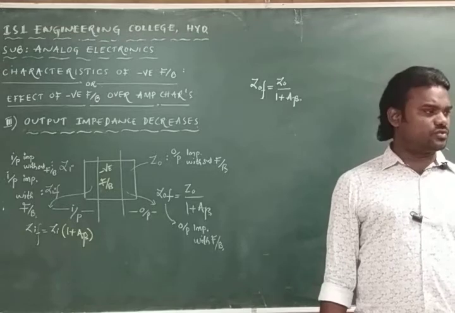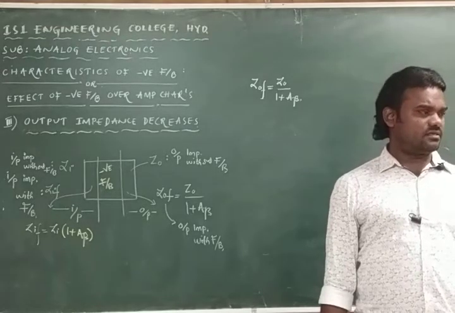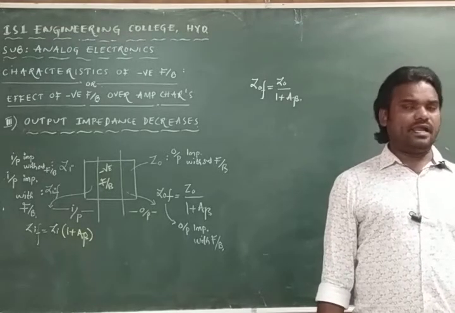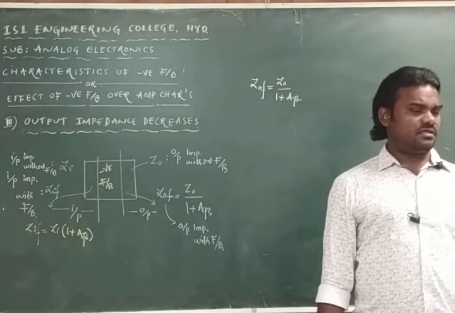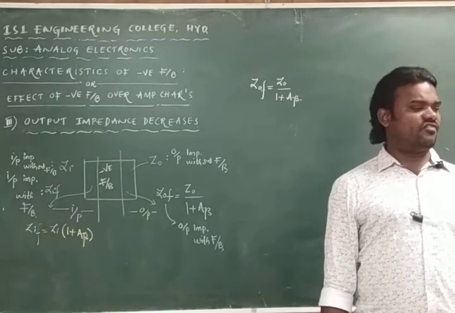Open loop gain is 2000 and the closed loop gain is 1750.